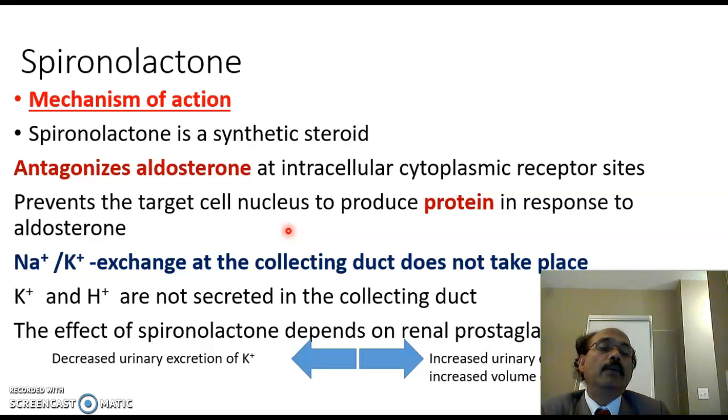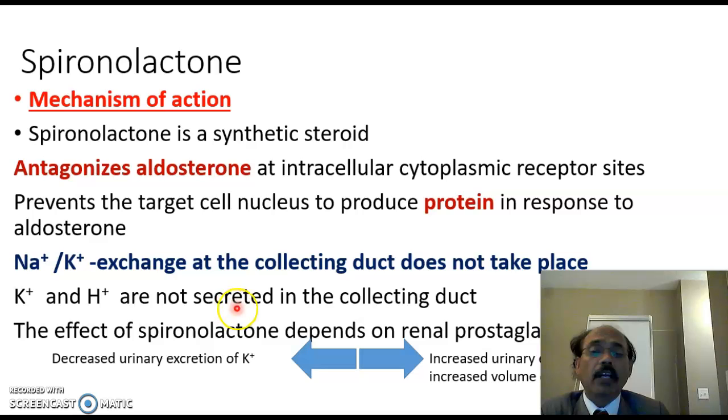If messenger RNA is not produced, it will not go to the rough endoplasmic reticulum to produce the protein, and that protein is very essential for the reabsorption of sodium and excretion of potassium. So sodium-potassium exchange at the collecting duct does not take place.